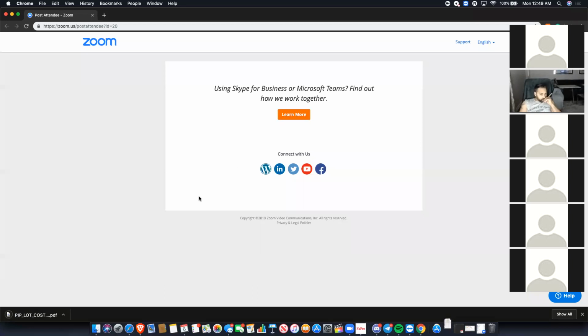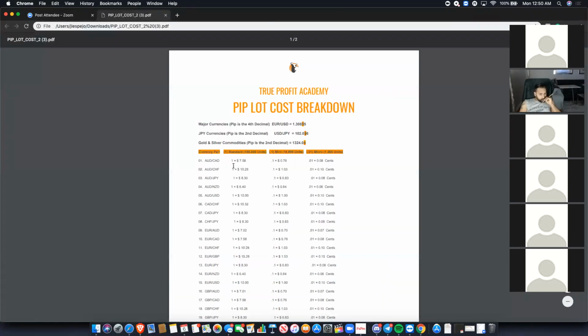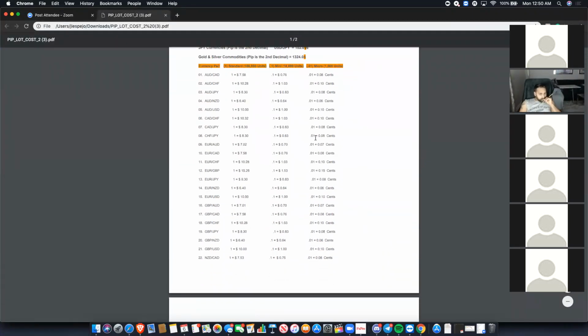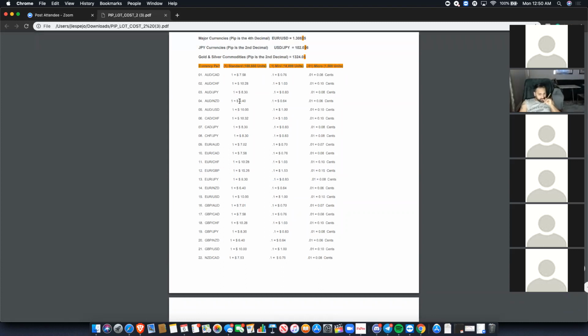So if you're looking at a trade and you want to identify what each pip per lot is costing you: a trade like EUR/GBP on a 1 cent lot is paying you 15 cents, and on a dollar lot it's paying you $15 per pip, as opposed to a trade like AUD/NZD that's paying you $6.40 per pip on a standard lot.